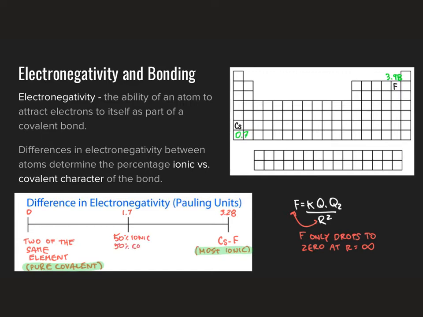Now, that being said, we're not strictly going to make that a cutoff where everything above it is an ionic bond and everything below that difference is a covalent bond. Because, again, remember, it's a continuum, and there are other things to consider as well. In particular, metals and nonmetals tend to have bonds that show other ionic characteristics. That is, they do things like dissociate into ions in aqueous solutions.